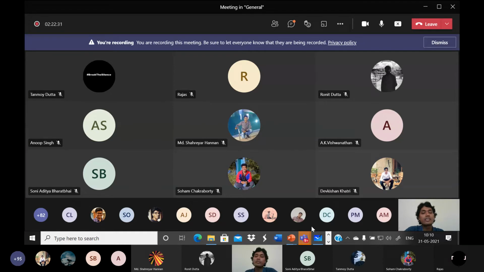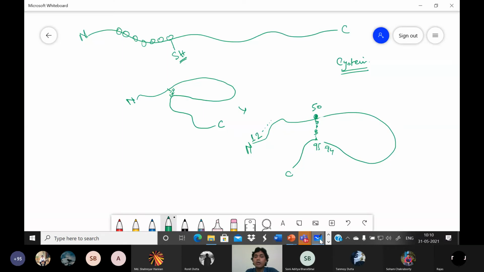This is because we have 8 cysteine residues, right? I'm not very good at mathematics, but very simply, if you think this way, you have 8 cysteine residues in one protein, like these.